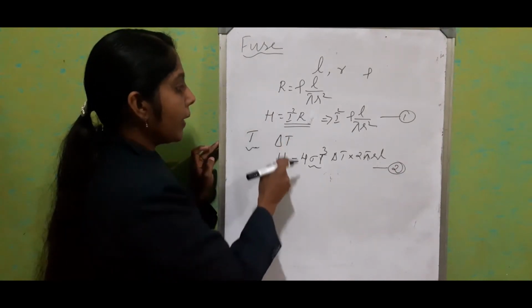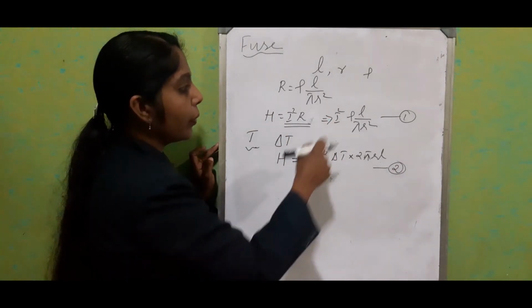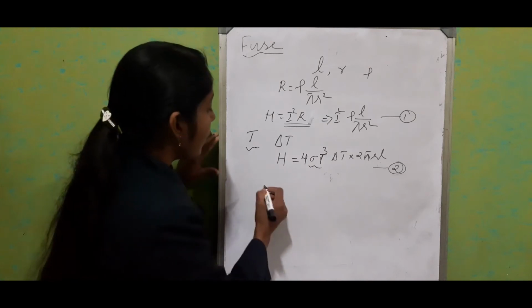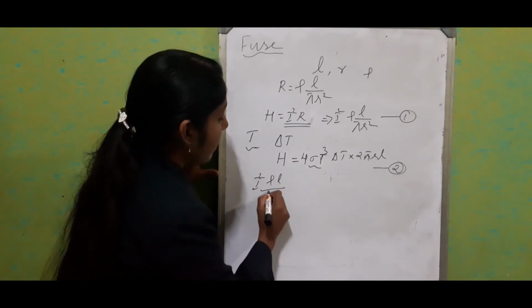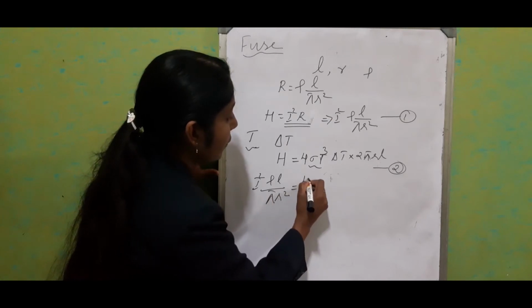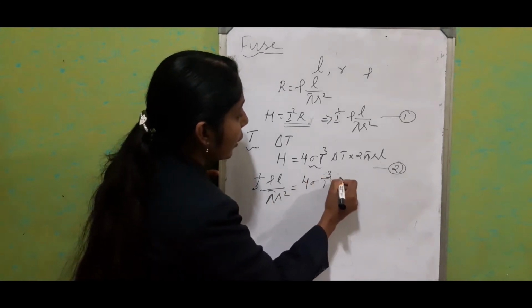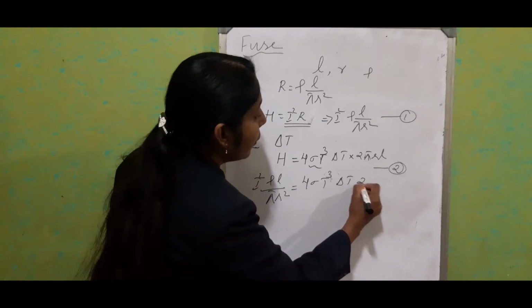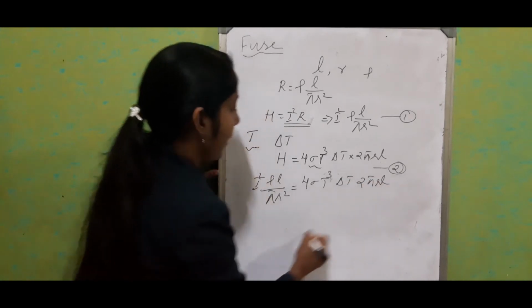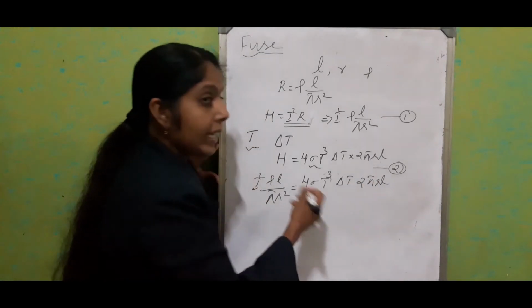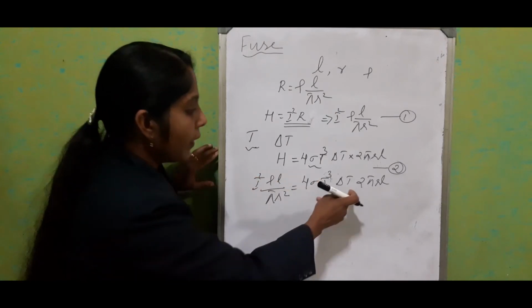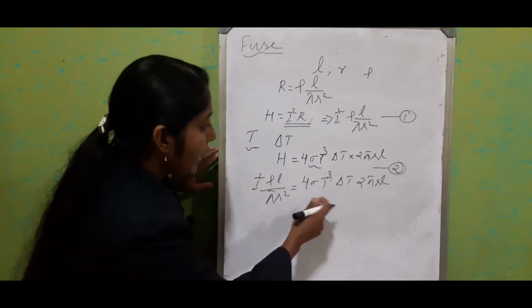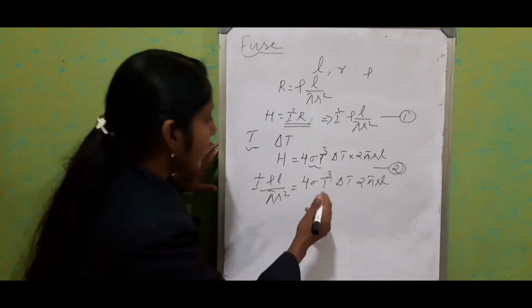For both equations the left side is common, so we are going to equate them. We get I square rho L divided by pi r square is equal to 4 sigma T cube delta T into 2 pi r L. Our concern is the rise in temperature, how it is affected, so we will keep delta T on one side and all other factors on the other side.